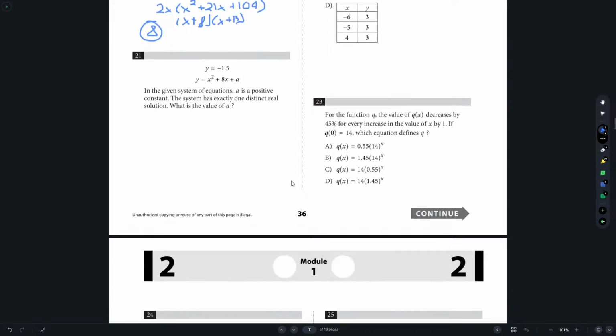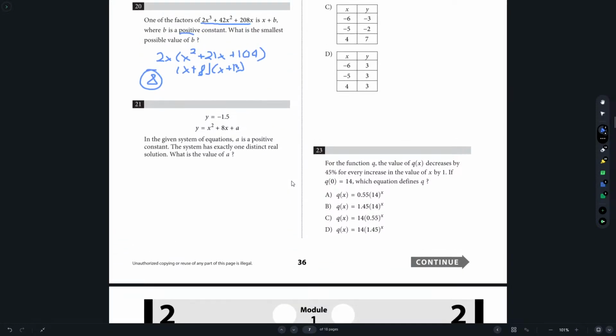In the given system of equations, a is a positive constant. The system has exactly one distinct real solution. What is the value of a? Okay, y is equal to negative 1.5 and y is equal to x squared plus 8x plus a, where the system has one distinct real solution. I've never really seen a question like this before.